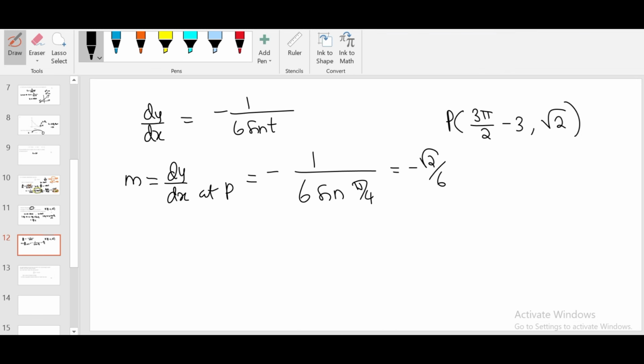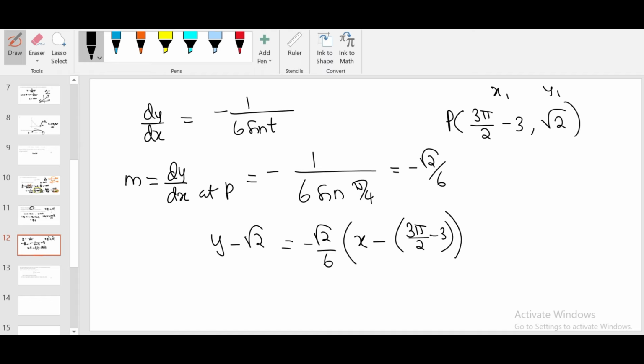We have the slope, we have the point. We can write the equation of the tangent as y minus y1, this is x1 y1, is equal to slope times x minus x1, x minus the x coordinate of the point. Before simplifying, what we are trying to do here is find the y-intercept.